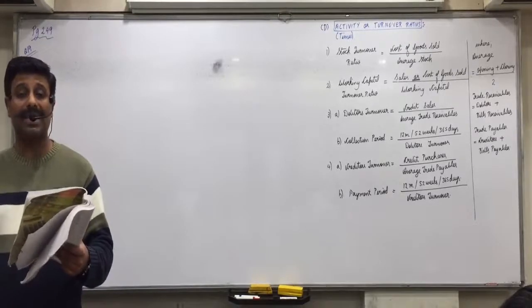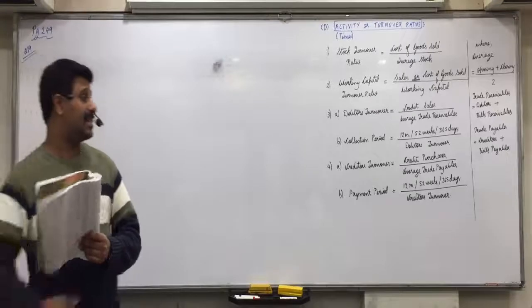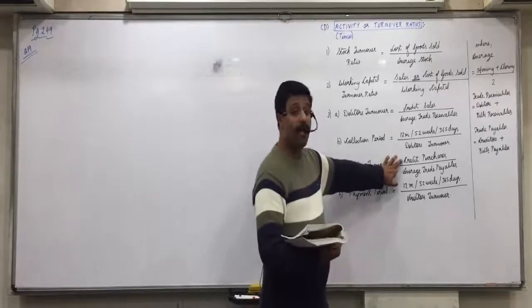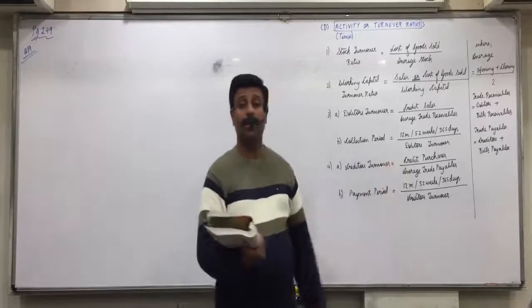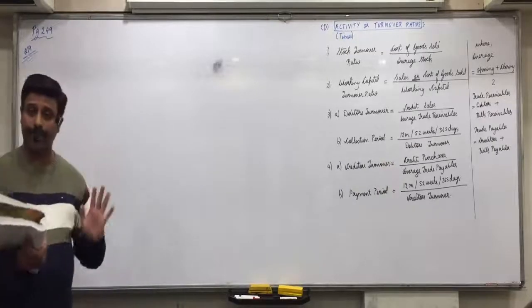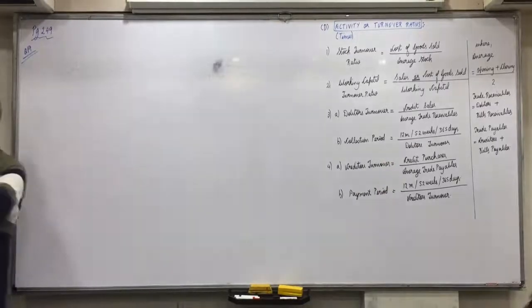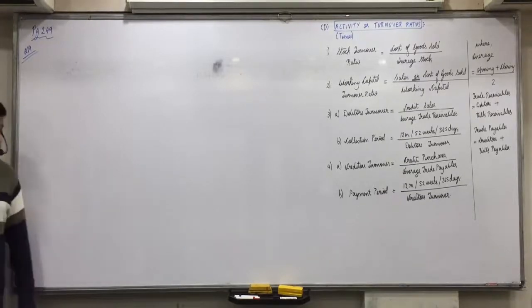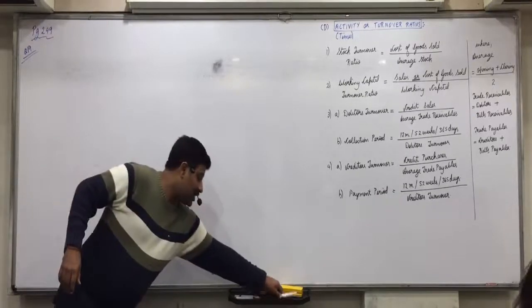Now total purchase and cash purchase are given, but credit purchase is not available. How will you find credit purchase? Total purchase minus cash purchase. This is the only different point. Did you understand this? So, let us first find credit purchases.